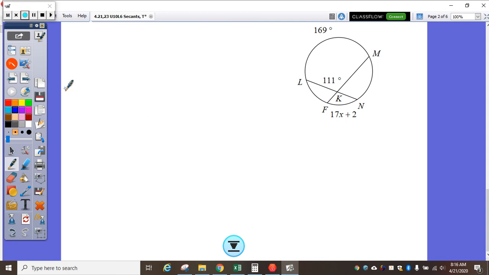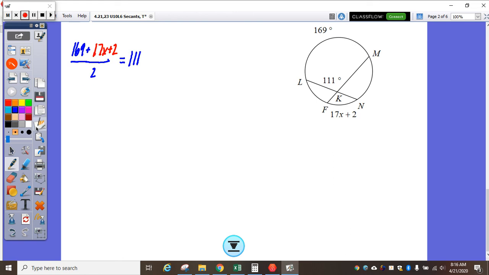I'm going to take my arcs, where I have 169 plus the other arc, 17x plus 2, and we'll divide that by 2 to set it equal to 111 degrees. All right, add the arcs, divide by 2, set it equal to the angle.